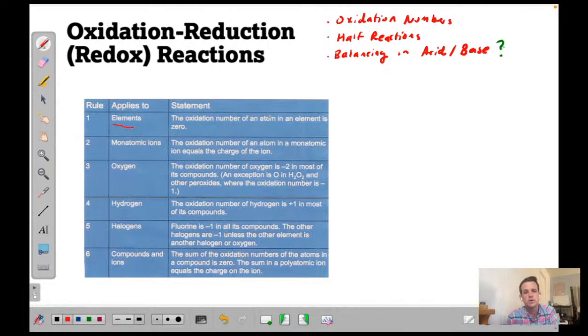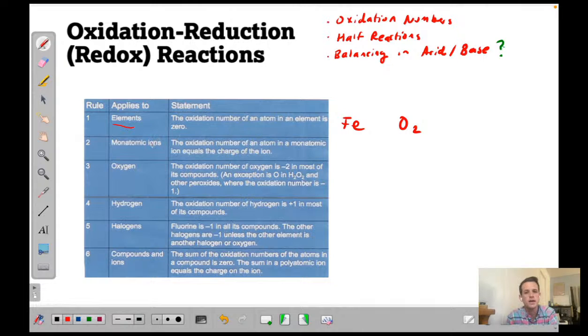Elements: the oxidation number of an atom in its elemental form is 0. So in its naturally occurring form, whether that means a piece of iron, just Fe, or some oxygen, O2, the oxidation number here is 0. Oxidation number is essentially a representation of the electrons that are around that atom.